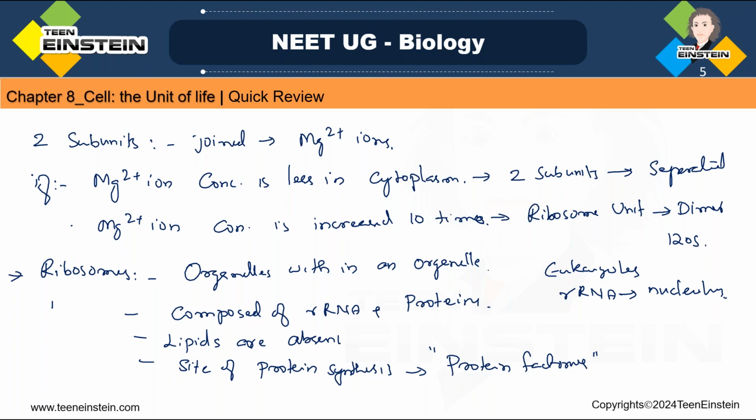So these many points, ribosome is a very important part. You should know that each ribosome has two subunits, and these subunits will be in a separated form. Whenever they need to synthesize protein, they will join together and work together, and the protein synthesis process is called translation. Ribosomes are called organelles within an organelle, lipids are absent in ribosomes, and they are the site for protein synthesis, so they are called protein factories.